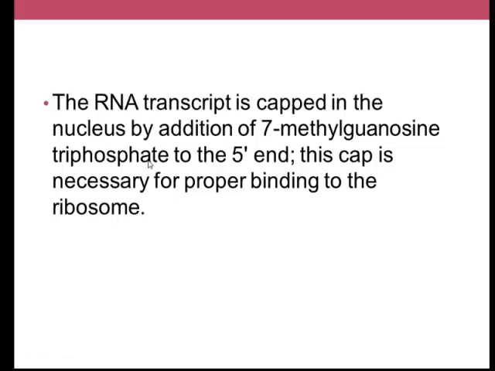This cap is important for proper binding to the ribosomes in the process of protein synthesis. So capping occurs in the nucleus by addition of this structure to enable mRNA to bind to ribosomes in the process of protein synthesis.